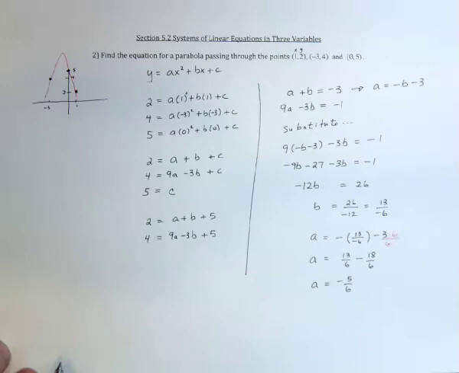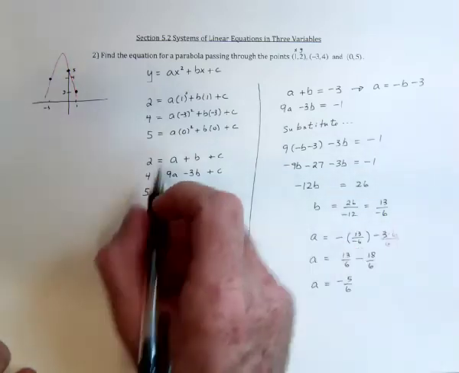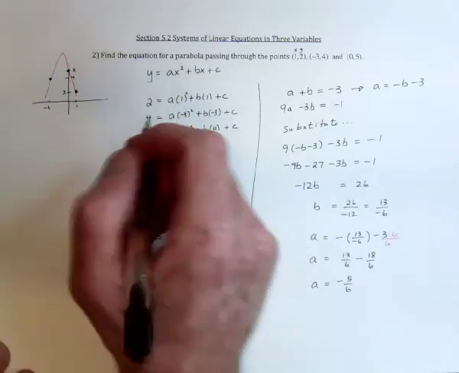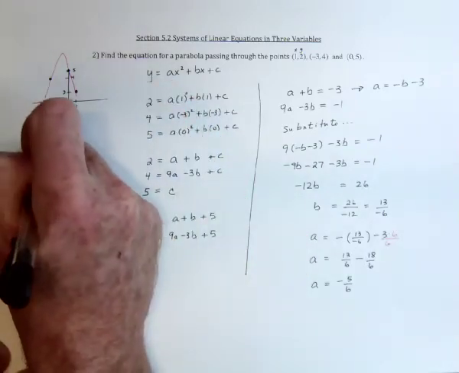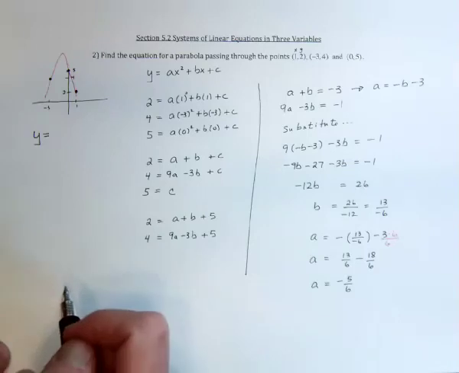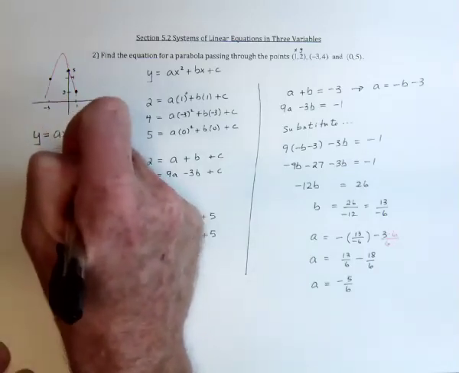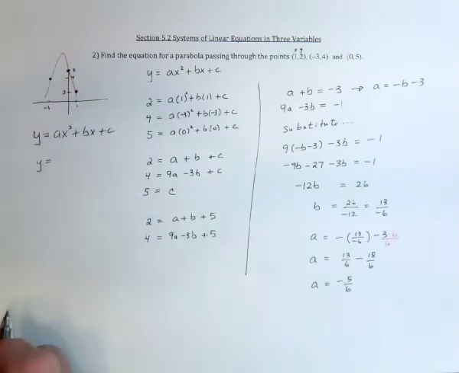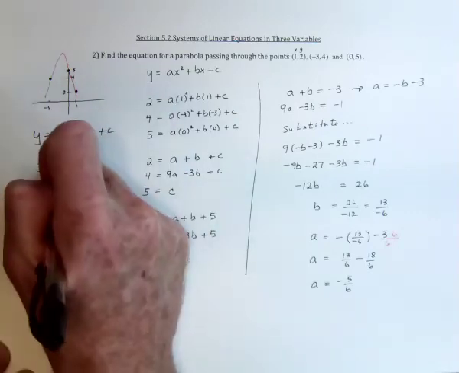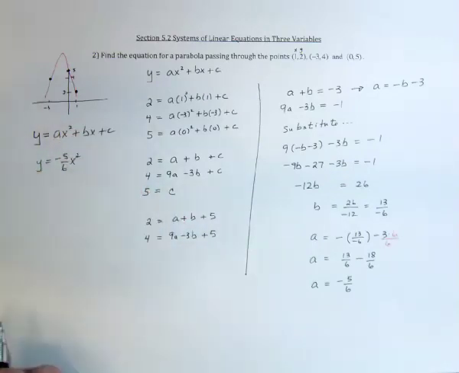So then we've got the a, b, and c, and we can put those back over here. And so the quadratic function, or parabola, is going to look like -5/6 x squared.